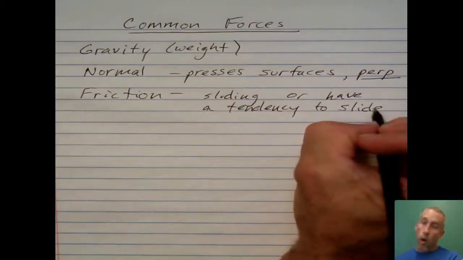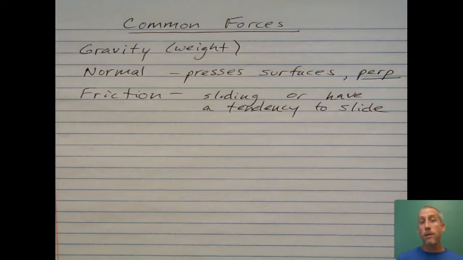So if your car is sitting on a hill, it has a tendency to want to slide down the hill. Friction is opposing that tendency. Okay, now what's confusing about this is students often want to draw friction opposite the motion, but it's actually opposite the tendency for surfaces to slide across each other. And I'll get into what the difference between those will be commonly.